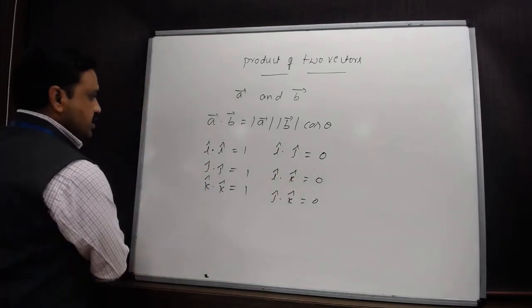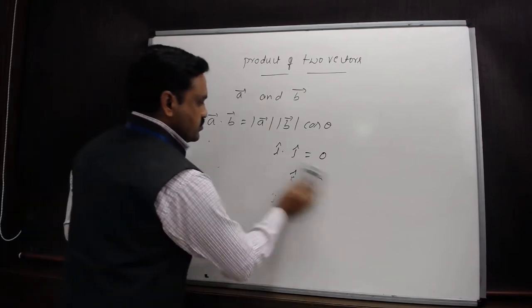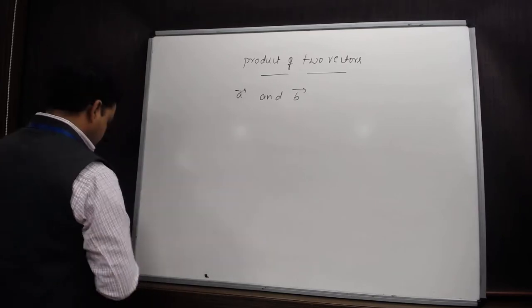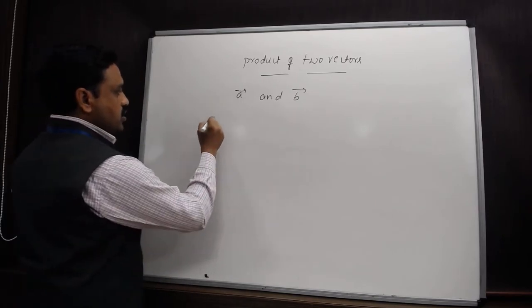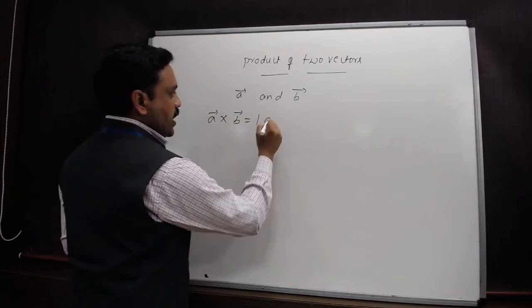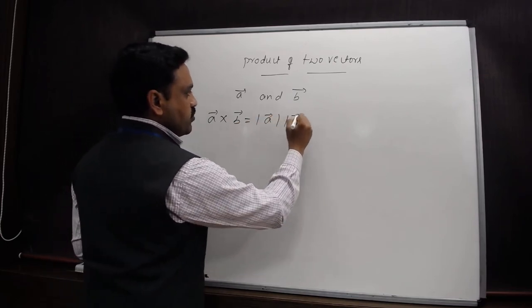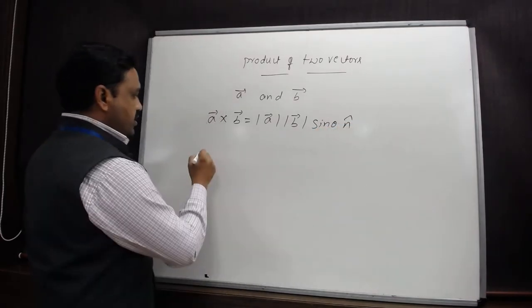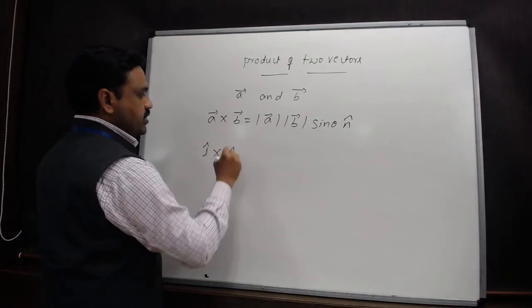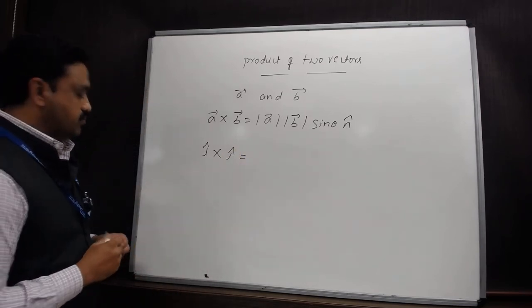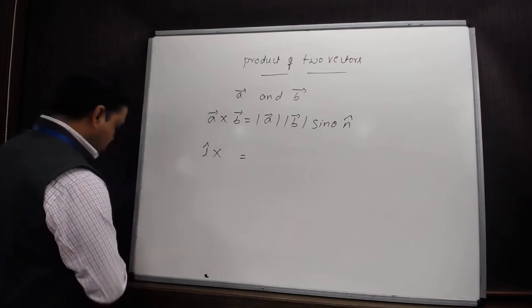So what happens in the case of cross product? First I write the general formula. Vector A cross vector B is equal to magnitude of A, magnitude of B sin theta into n cap. Before taking unlike vectors, I will explain the cross product of like vectors.